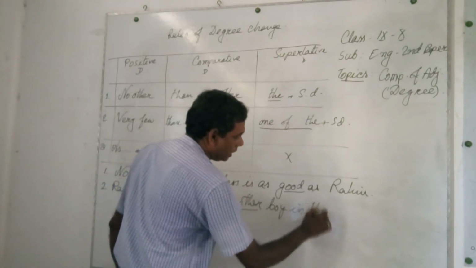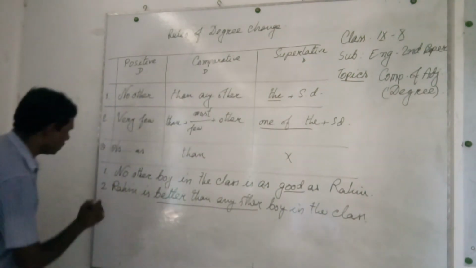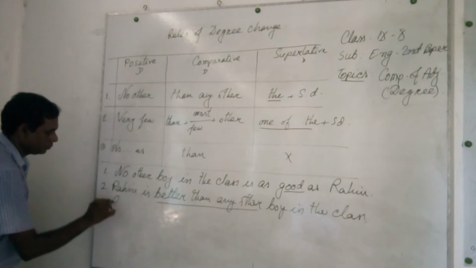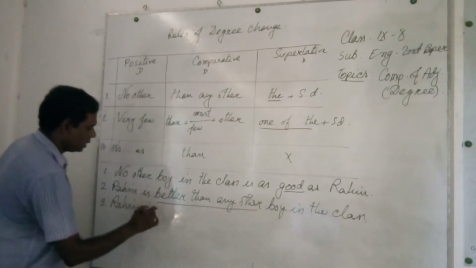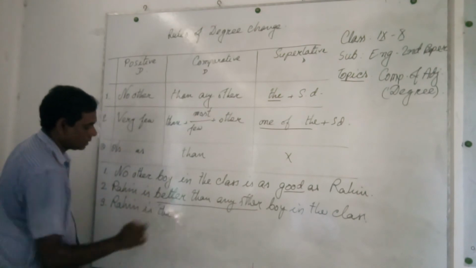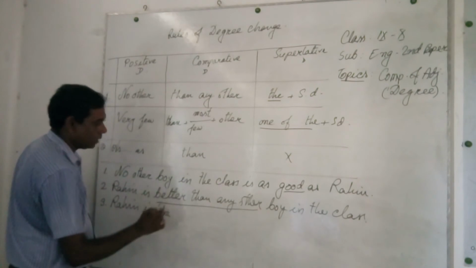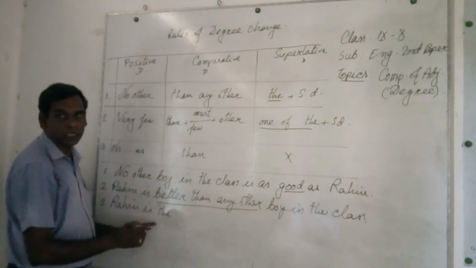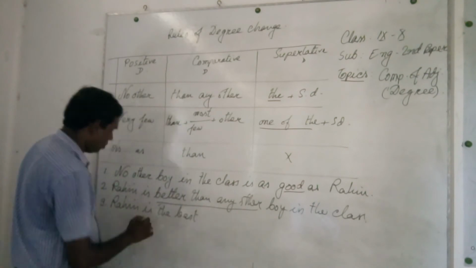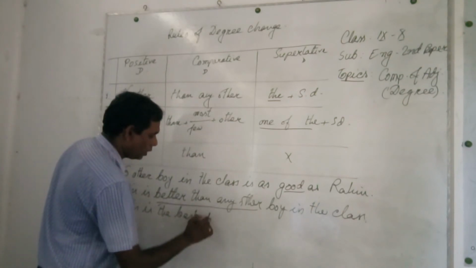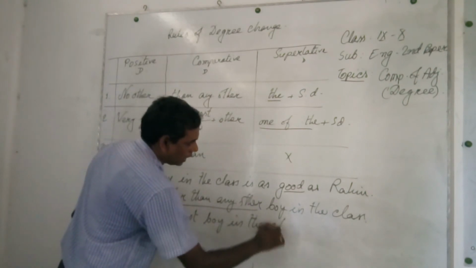And the superlative form: Rahim is, the superlative degree takes the before the adjective, good, better, and the superlative form best. Rahim is the best boy in the class.